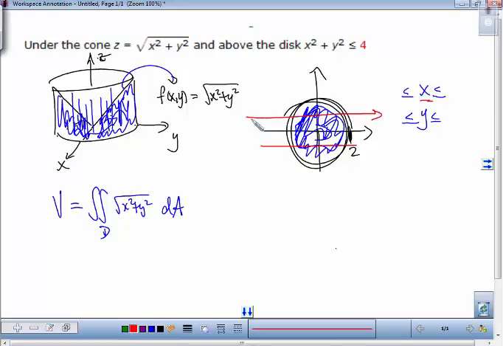So if I look at this line movement here and I go into the region at some function that looks like this function over here, I would have to figure out what that function is.